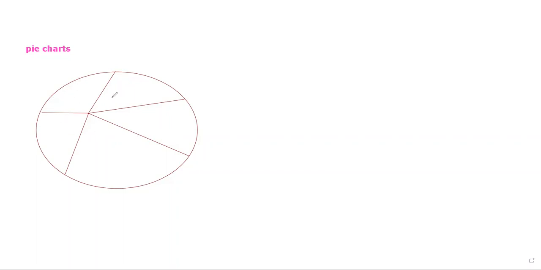This is 1, this is 2, this is 3, this is 4. So we have a circle, and we divided that circle into some segments or sections, and every section or segment represents a particular type of data. So this represents some data here, this represents some data here, and this also.